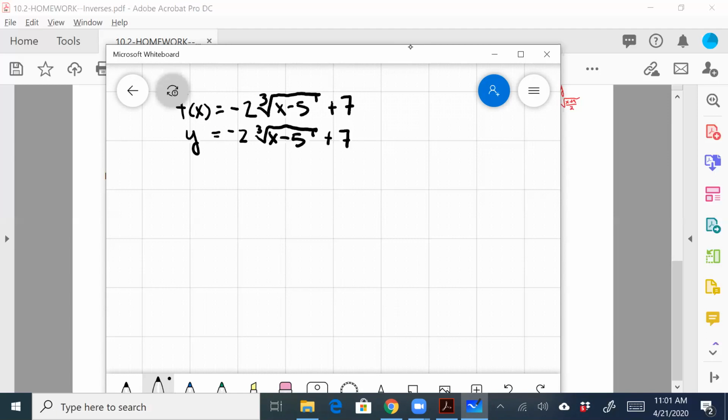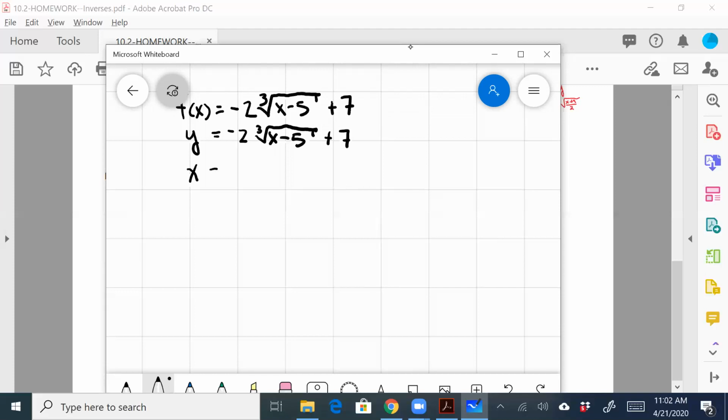So now we need to switch x and y. So where there's a y here at the beginning, we now need to write it as x.